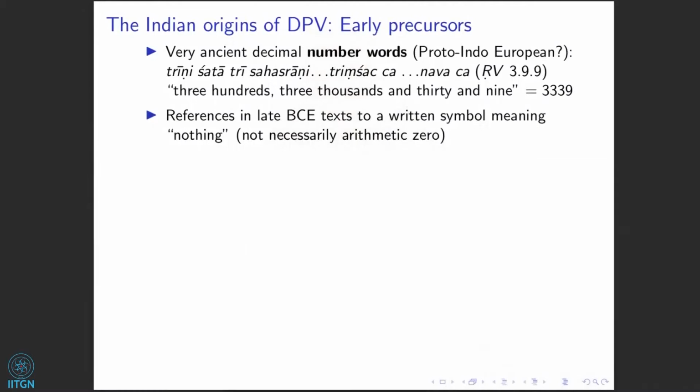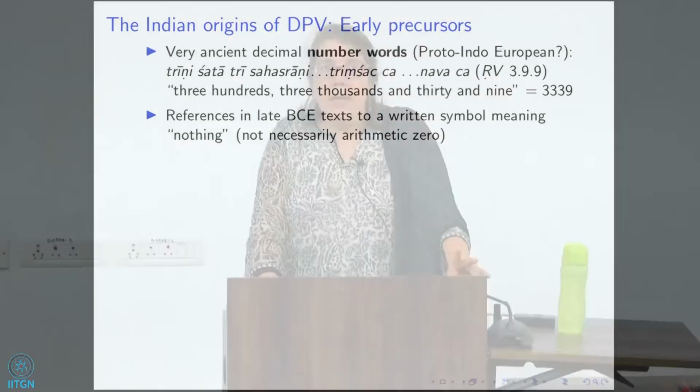Here's an example from the Rig Veda, going back thousands of years, a reference to Trini Shata, Tri Sahasrani, Trimshachcha, Navacha, literally 300, 3,000, and 30 and 9, or as we would say, 3,339. This is, of course, just to drive this point home, separate from a place value number system.